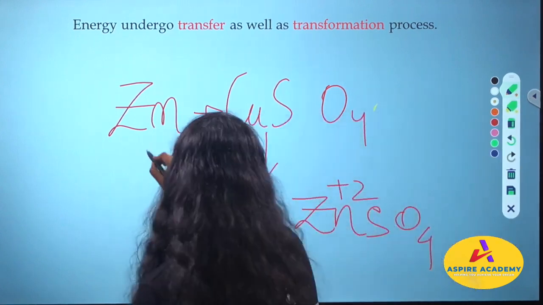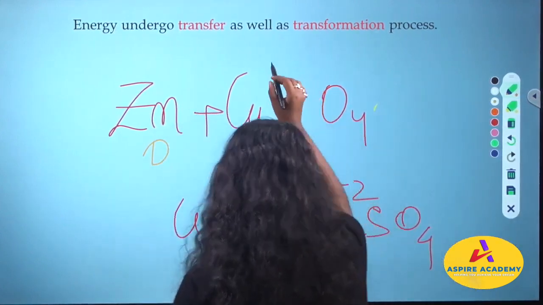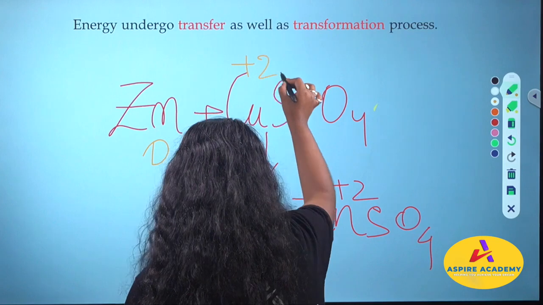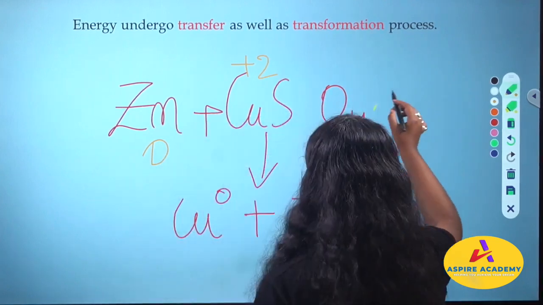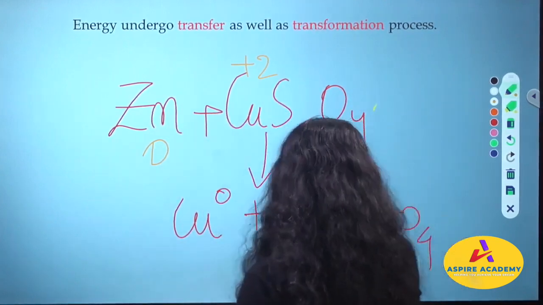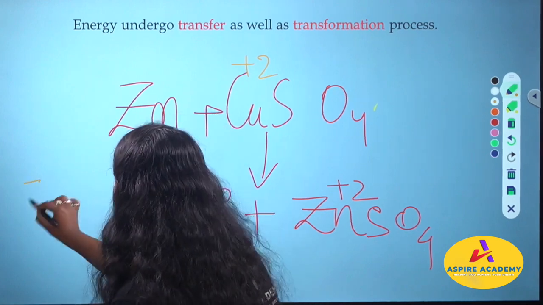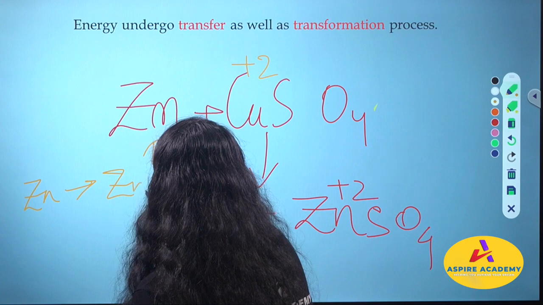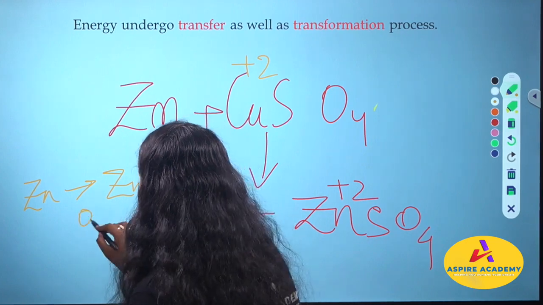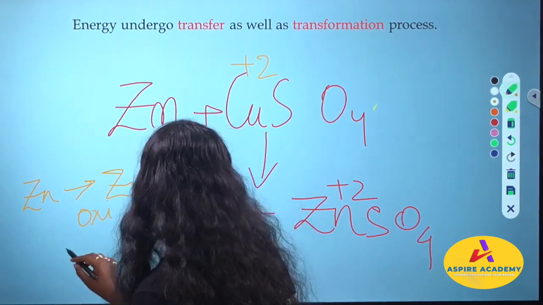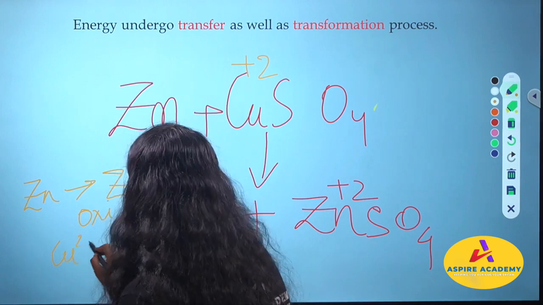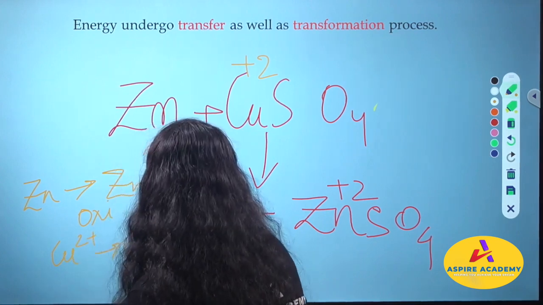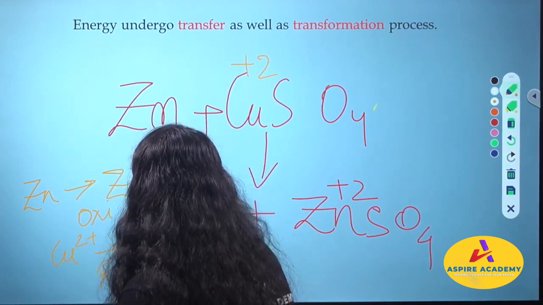Here we have 0 and here copper is of plus 2. Zinc is getting converted to Zn2 plus, oxidation. And copper Cu2 plus is getting converted to Cu0, reduction.